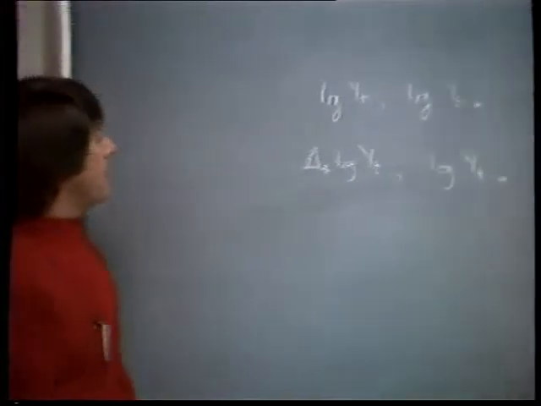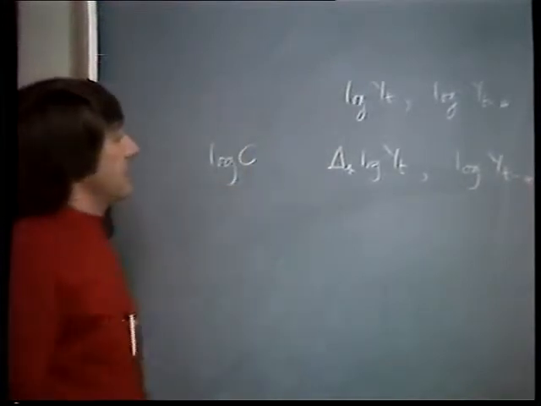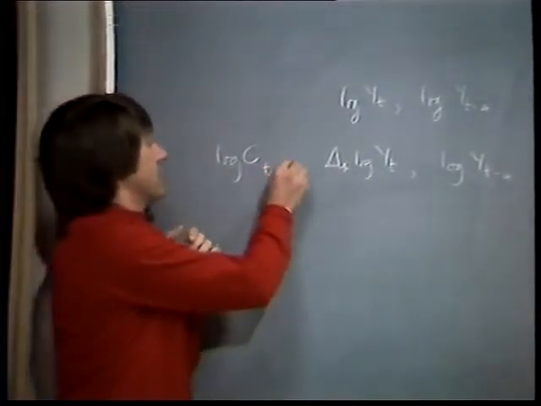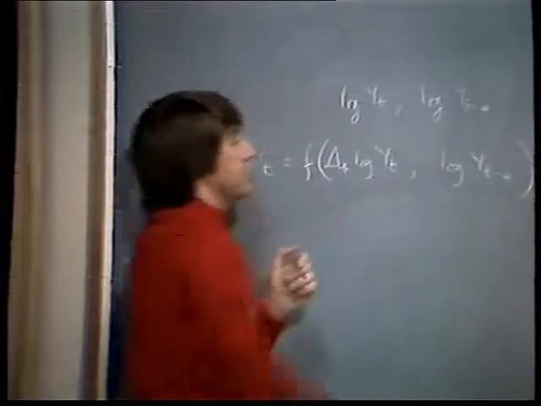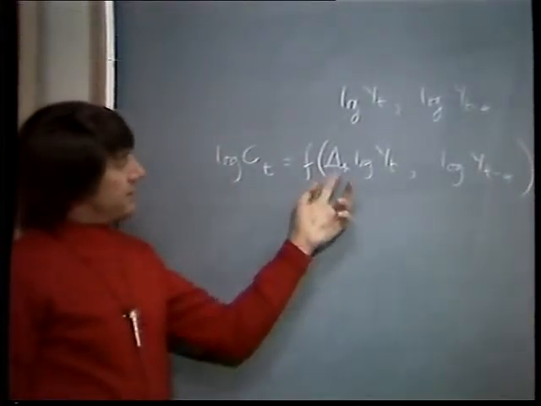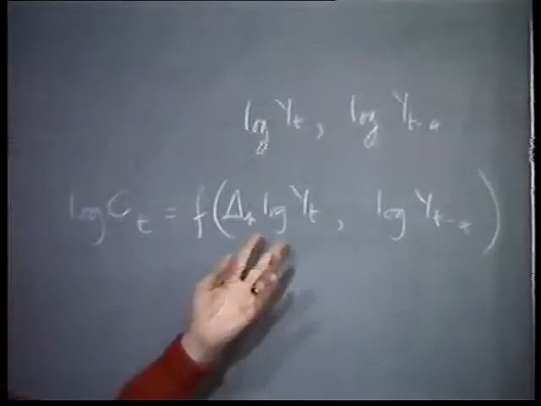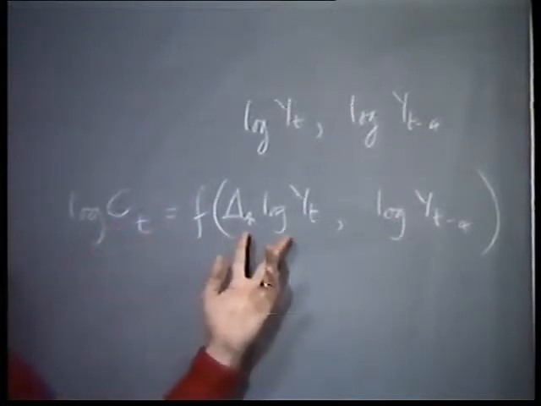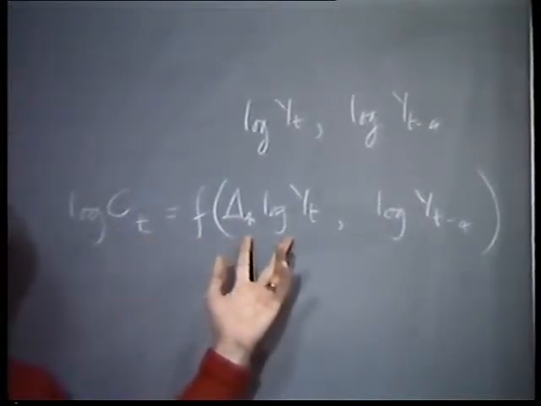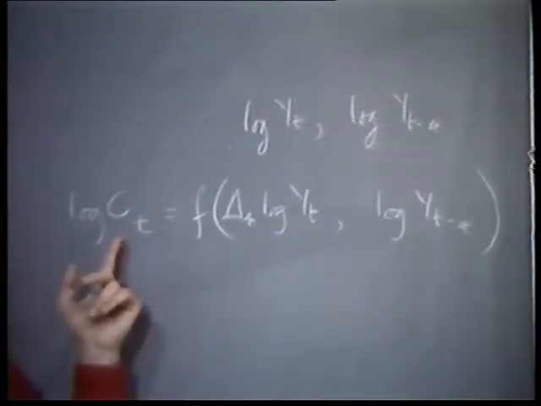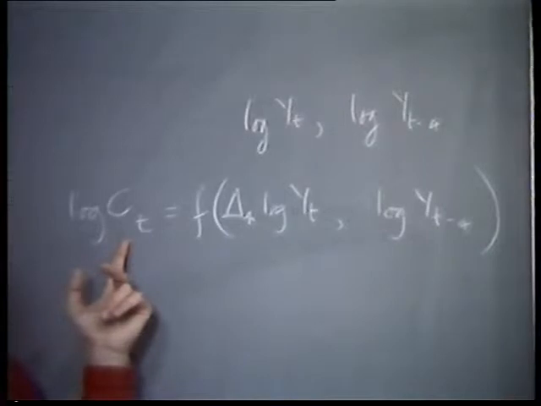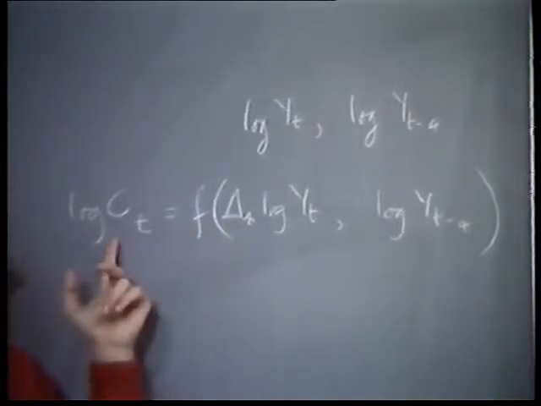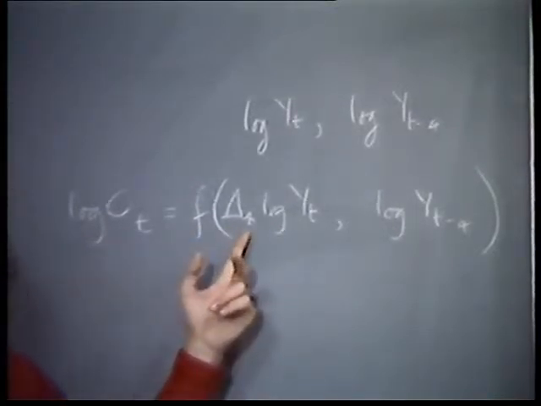And in particular, if we were now concerned with explanation for the log of consumption at time t, and we had that as a function of those two variables, then this delta 4 of the log of Yt is attempting to represent the effect on consumption of the increase that's occurred in income over the year. And we look at the consumption in a particular quarter and relate it to the change in income by looking at the change in income in the same quarter relative to that corresponding quarter of the previous year.